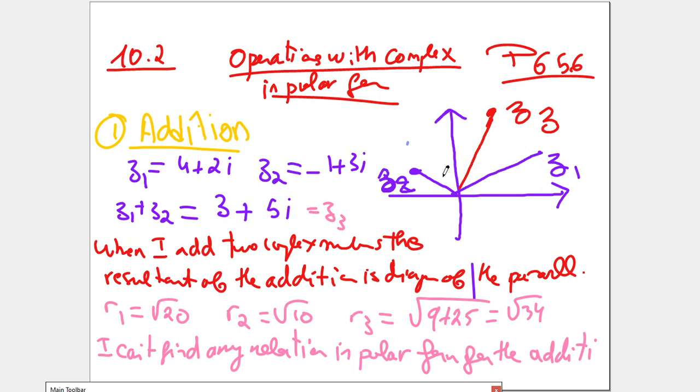And for the angles, this is theta 1 for z1, theta 2, and theta 3. I cannot find any relation between those three angles. So for adding complex numbers, I can't find any relation in polar form. All we need to do is add the real parts and the imaginary parts, and that's it.